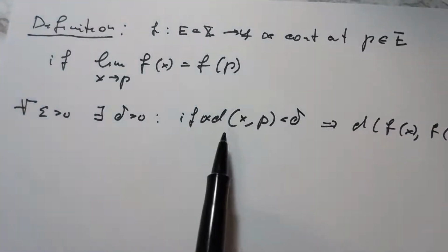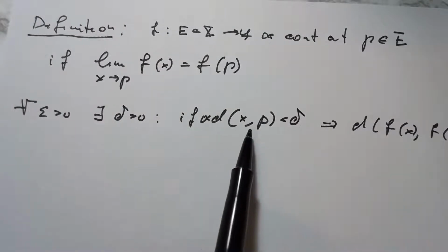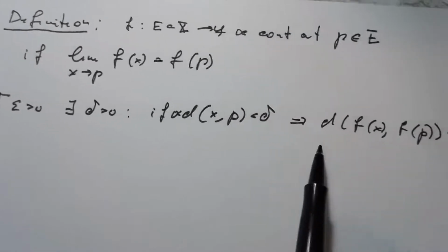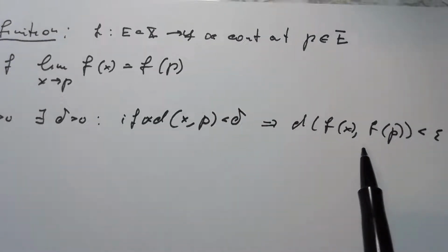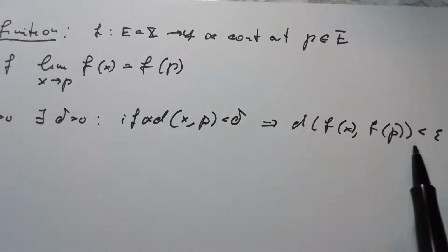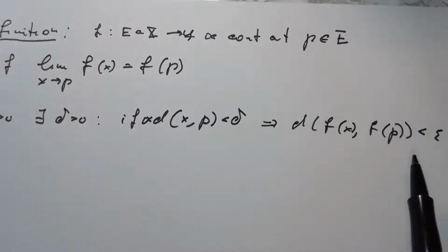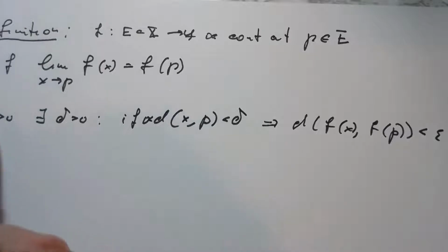Okay. Now, what happens if x is equal to P? Well, if x is equal to P, then f of x is the same as f of P, and so this distance is equal to 0, and so it's automatically less than epsilon. So for the sake of the definition of continuity, we really don't need this being greater than 0.